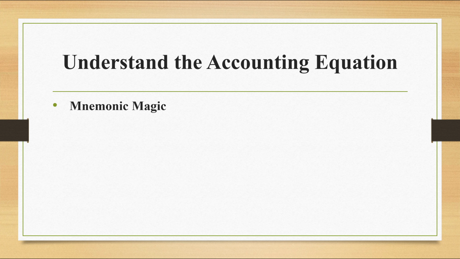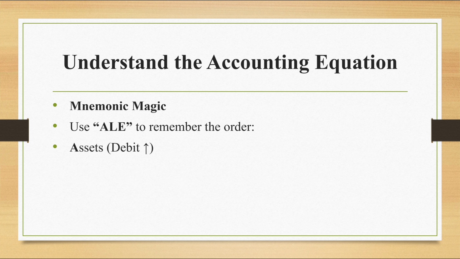Then there is this mnemonic magic that I would like to give you so that you can understand this equation. We use ALE. If you use ALE, you remember the order of assets, liabilities, and equity. Assets are on the debit side, so they go up on the debit.